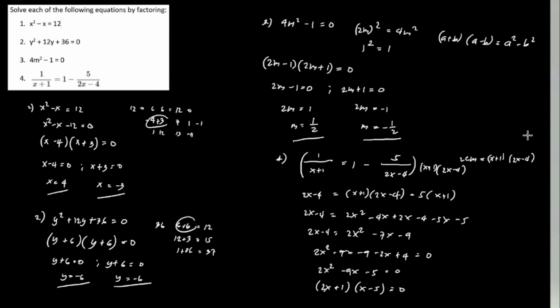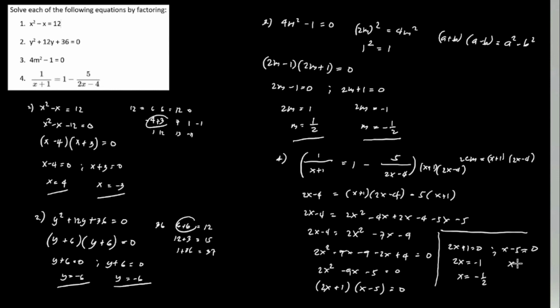And the linear equations: 2x plus 1 is equal to 0, and another equation, x minus 5 is equal to 0. 2x, transpose positive 1 to the right side, or negative 1, and divide everything by 2, so x is equal to negative 1/2.